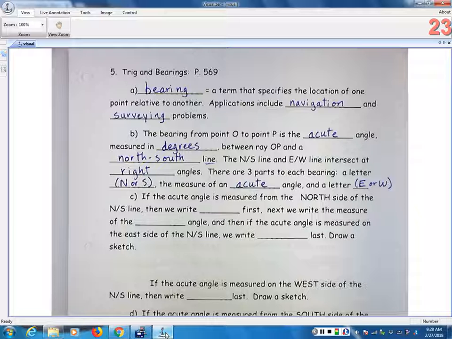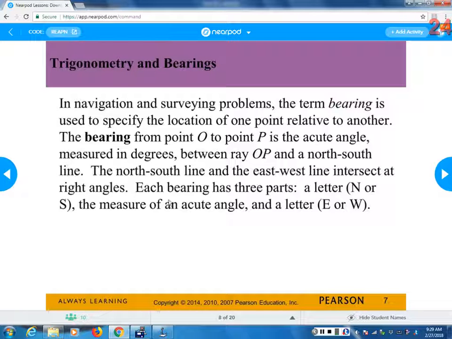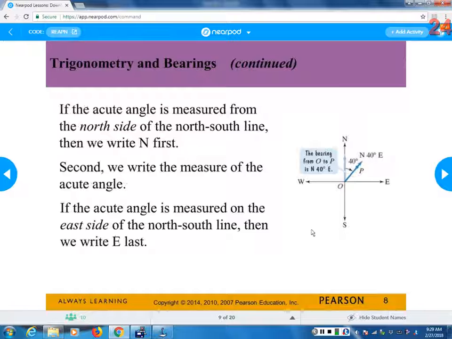Okay, so I'll draw a picture in a second. Each bearing has three parts: a letter, north or south, a measured acute angle, and a letter, east or west. The acute angle is measured from the north side of the north-south line. We write the N first.